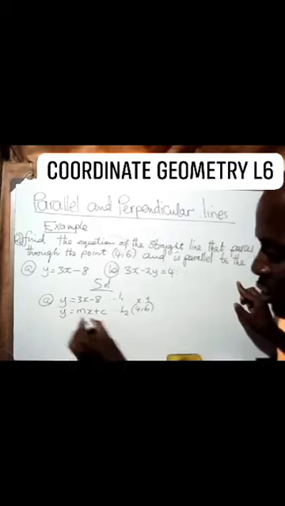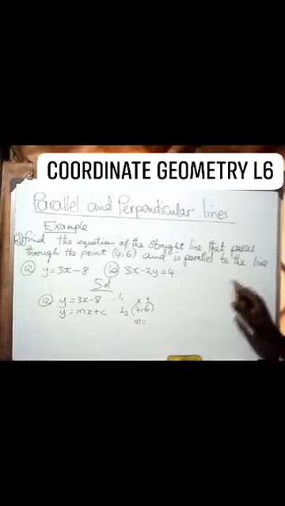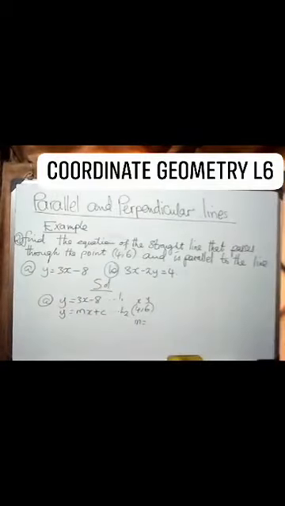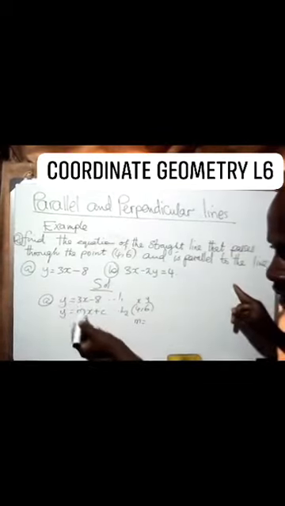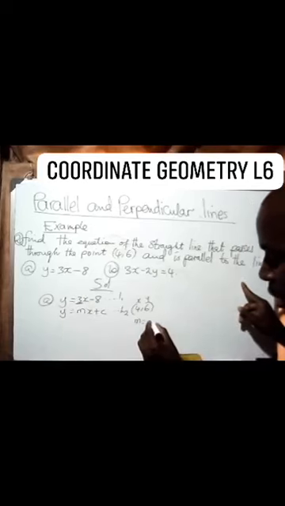Now when we come to this one again, what is our m? Our m, because these two lines, this line and this line, are parallel to each other, it means that they have the same gradient. So what is the gradient of this? The gradient of this, it is 3.